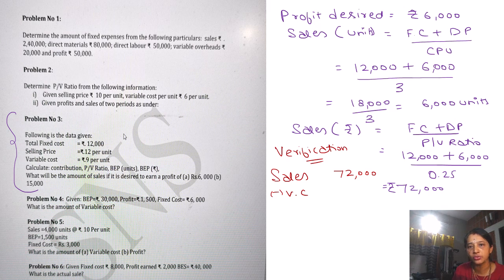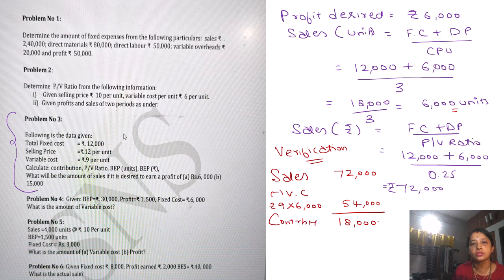Rupees 9. How many units? 6,000 units. 9 sixes are 54, so 54,000 is your variable cost. 72,000 minus 54,000, you get 18,000.